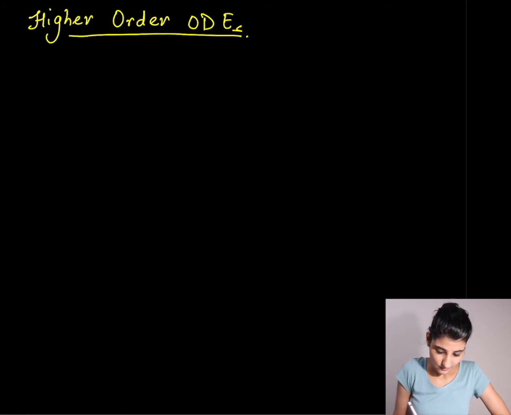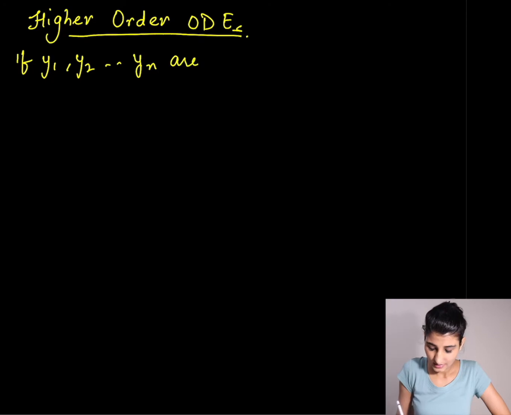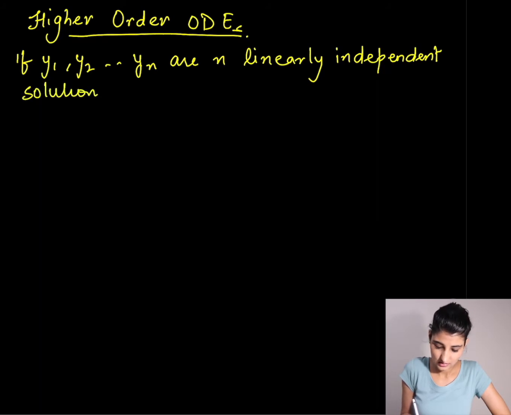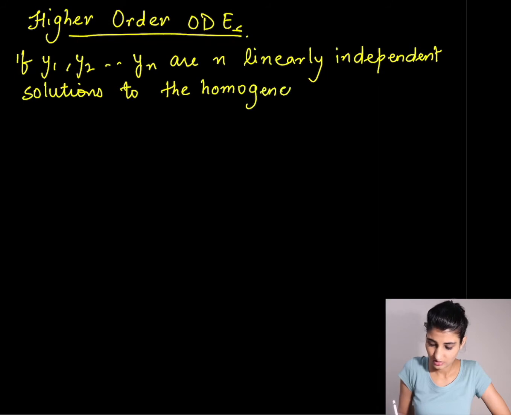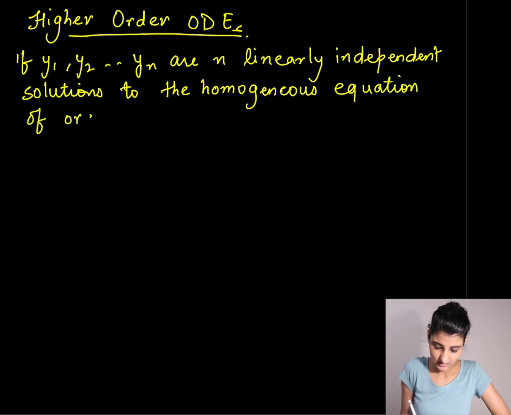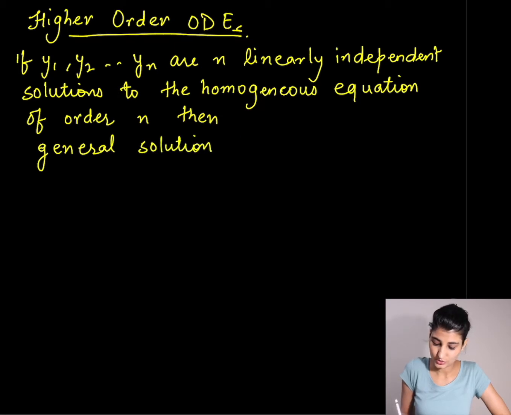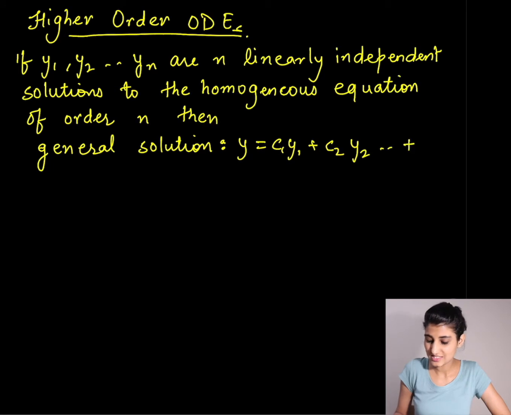So if y1, y2 up to yn are n linearly independent solutions to the homogeneous equation of order n, then the general solution is given by the linear combination of these solutions: c1y1 plus c2y2 and so on up to cnyn.